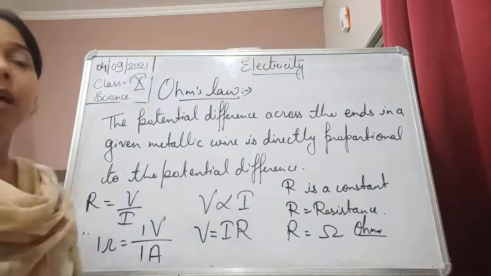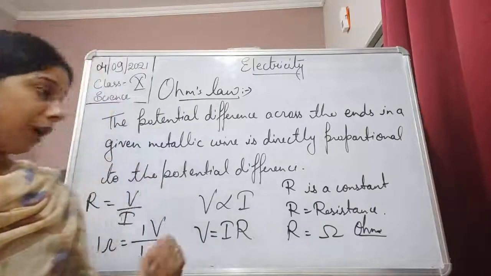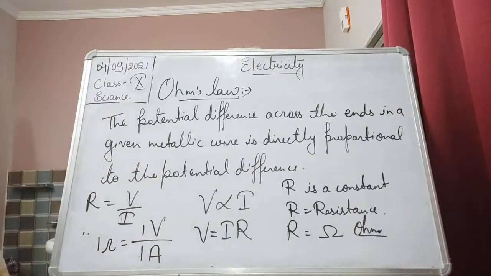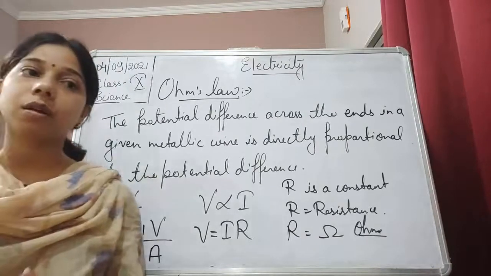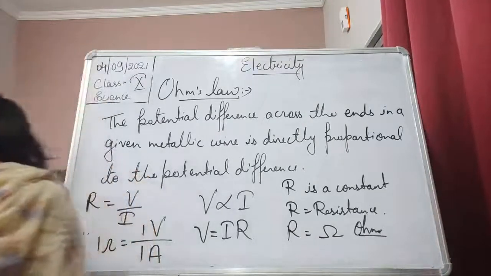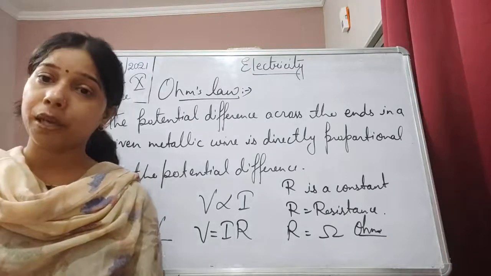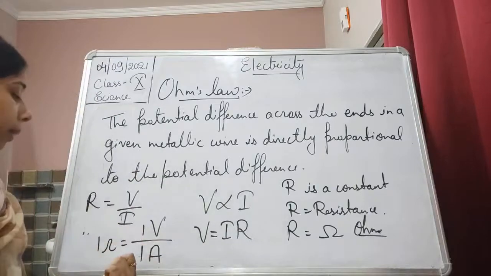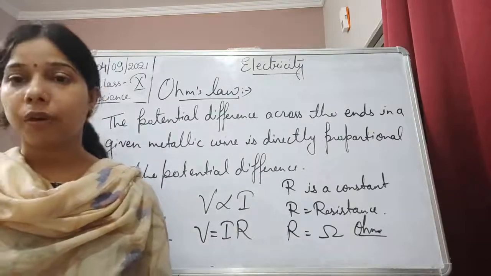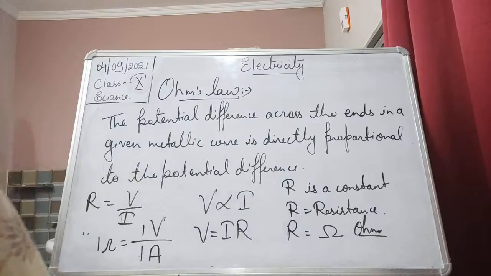If the potential difference across the ends of the wire is 1 volt and the current flowing through it is 1 ampere, then the resistance will be equal to 1 ohm.